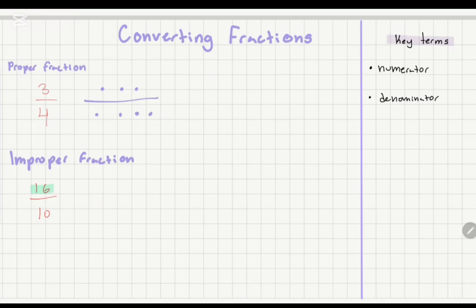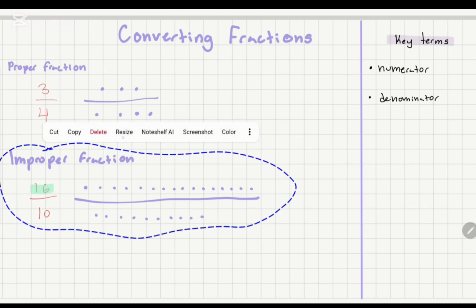That means that we have more on the top than on the bottom. So 1, 2, 3, 4, 5, 6, 7, 8, 9, 10, 11, 12, 13, 14, 15, 16 over 1, 2, 3, 4, 5, 6, 7, 8, 9, 10. Now, let me tell you the reasoning about why these are proper and improper.